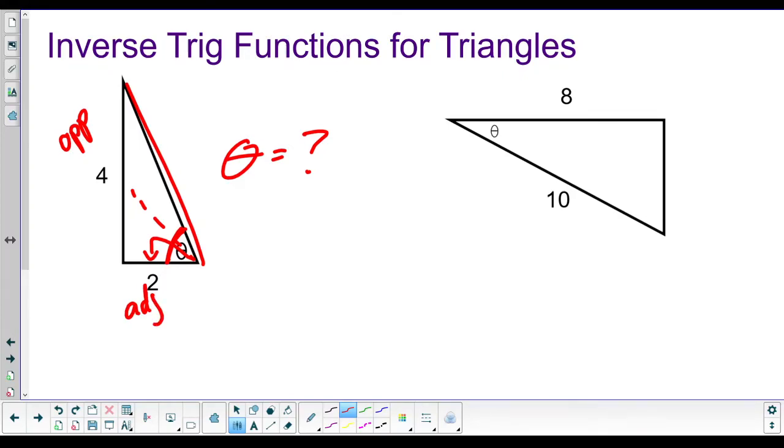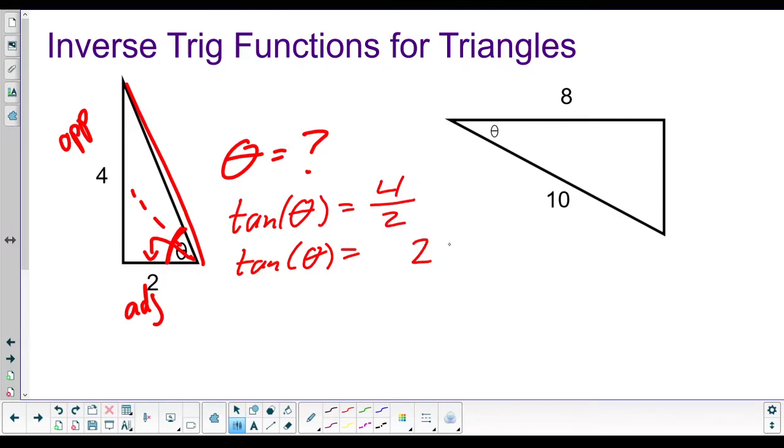Now we think to ourselves, which trig function uses opposite and adjacent? Tangent. So we're going to write our tangent function. Sorry, this is just a little pudgy. Tangent of theta equals opposite over adjacent. Okay, so now we're going to simplify this just a tiny bit. Tangent of theta equals 2.